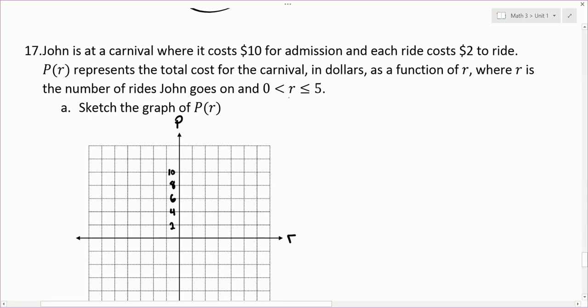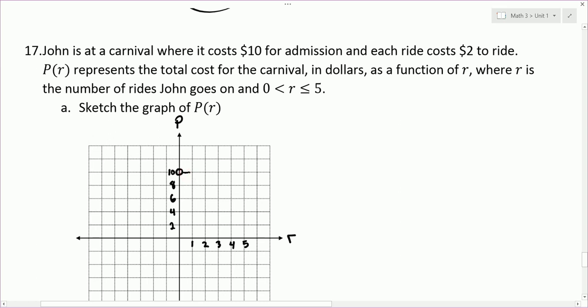But we want to graph this between 0 and 5. So we're starting at 0, so open circle there. And here's 1, 2, 3, 4, and 5 rides. So if he doesn't go on any rides, he's just going to pay $10.